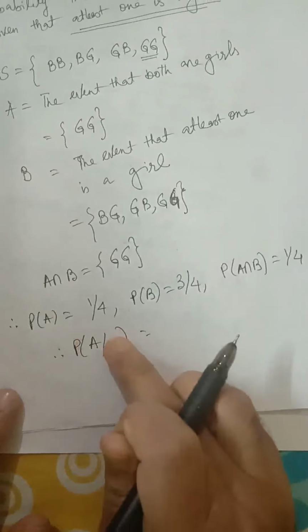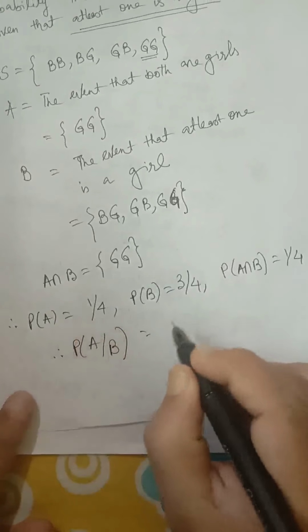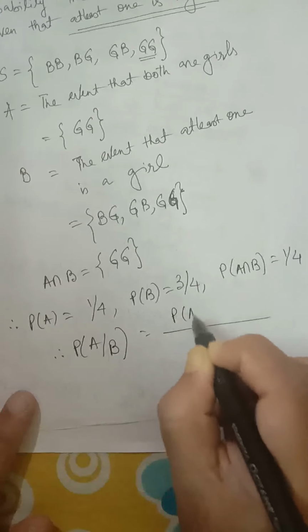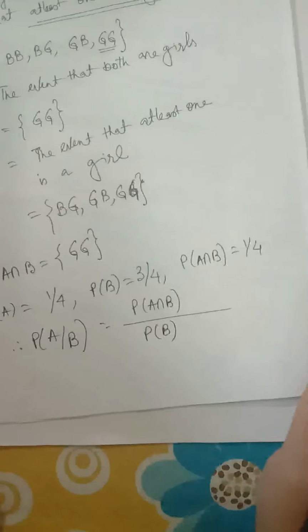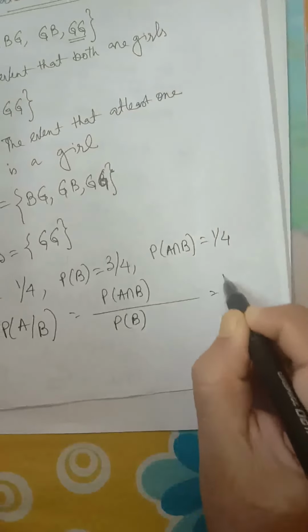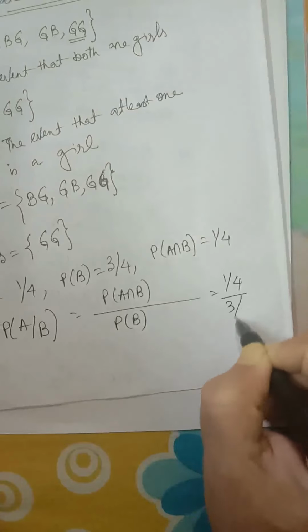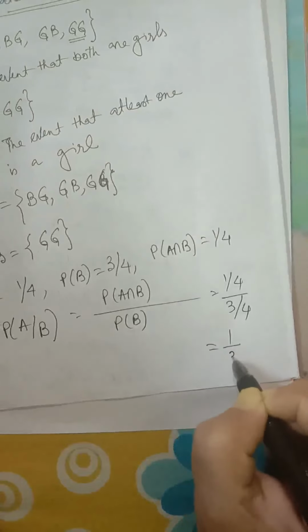This is the given condition, and this probability of A we have to find. The formula is P(A intersection B) by PB. So it will be 1 by 4 by 3 by 4. Ultimately the answer is 1 by 3.